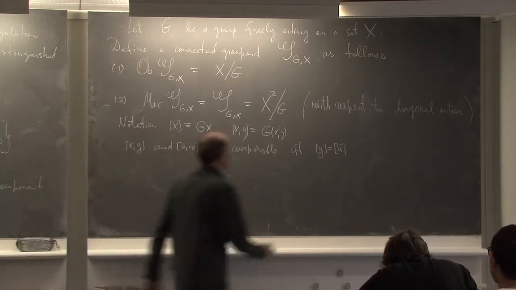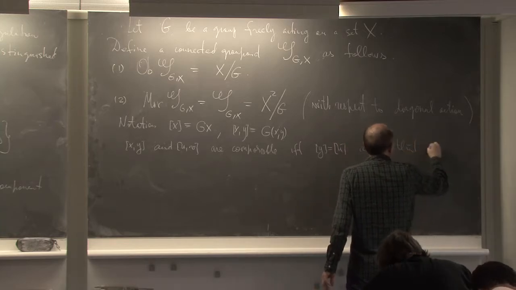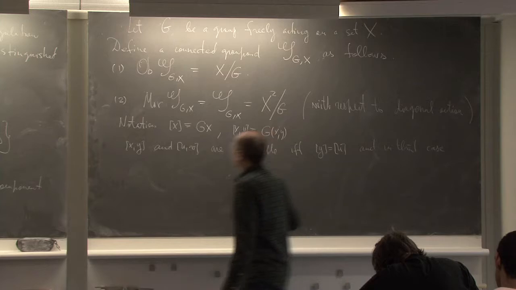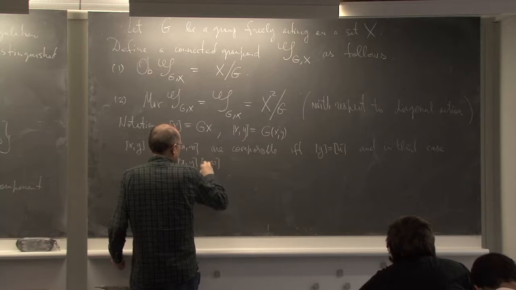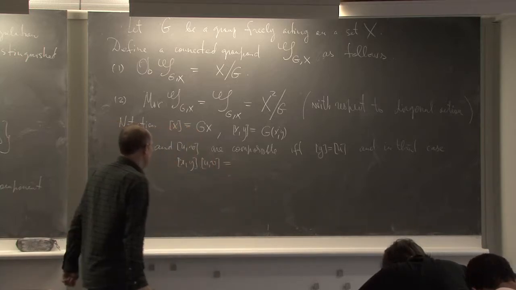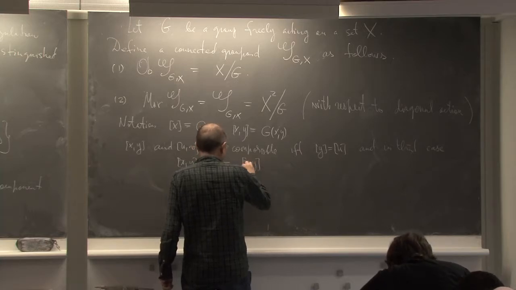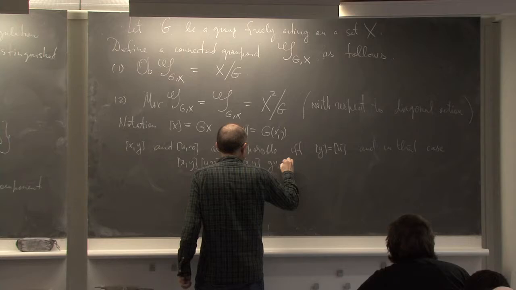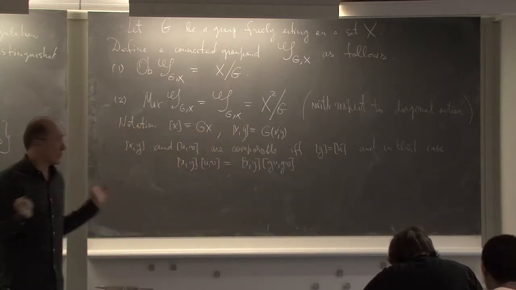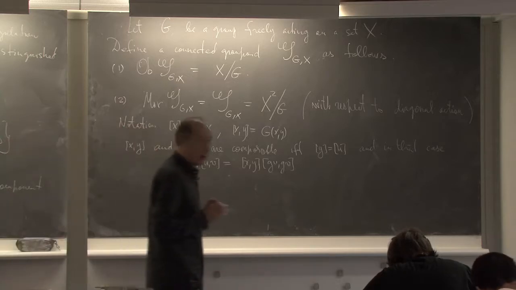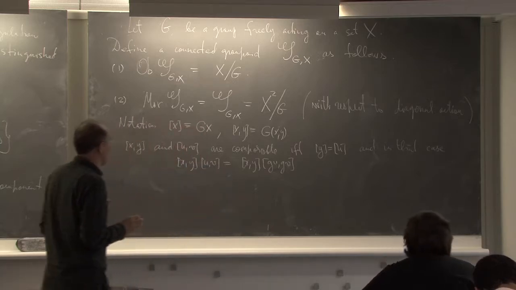And in that case, the product of [x, y] with [u, v] is the same thing as [x, y] [gu, gv], because we are talking about orbits in the Cartesian square, so we can act simultaneously by any element of the group.